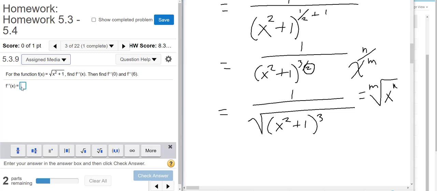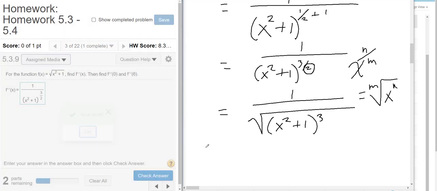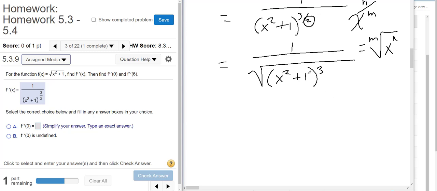So that should be our answer for the second derivative: 1 divided by x squared plus 1 to the 3/2. But when I want to take the square root, I need to know I'm taking a square root, so that's why I'm going to put it like this with the radical.